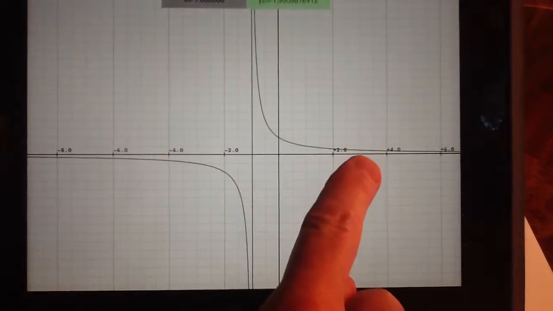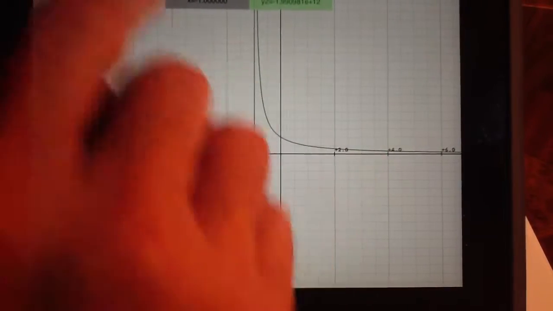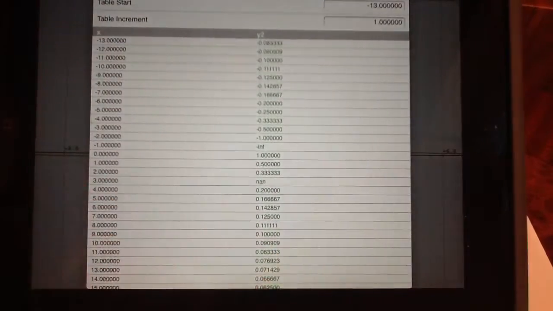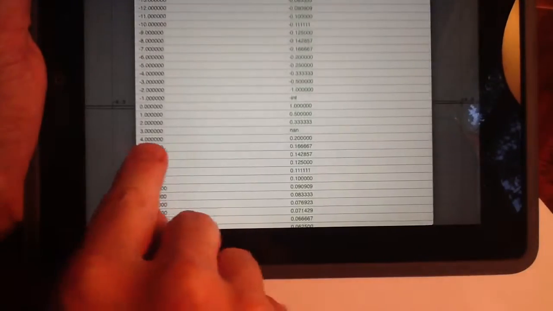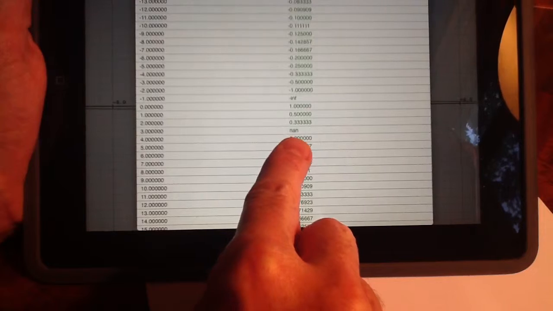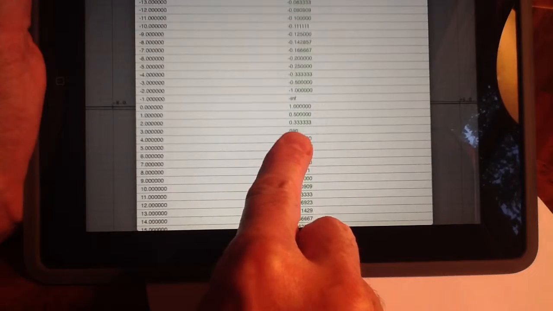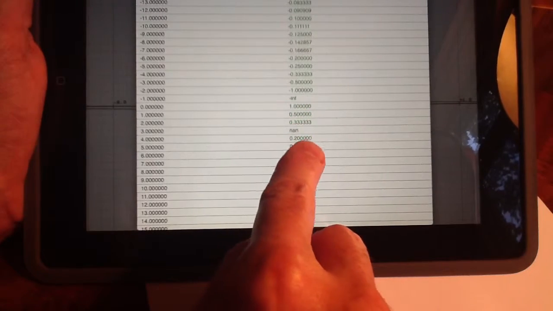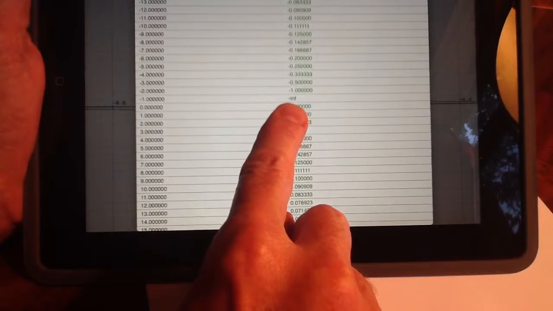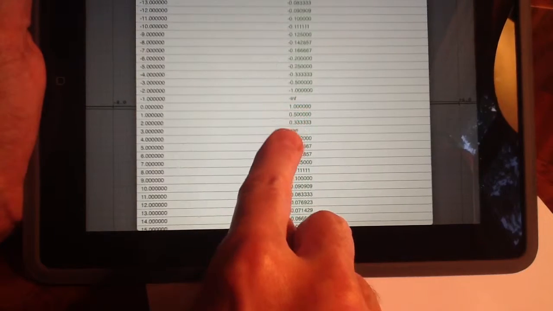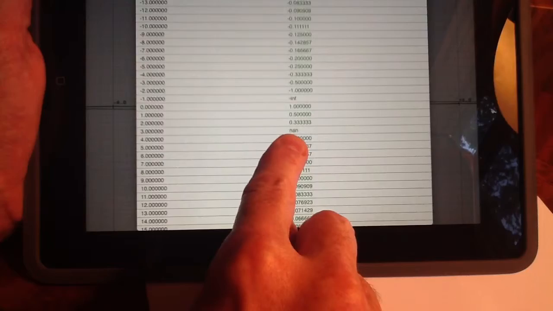So you can see that the graph doesn't show anything, but if I go to the table and I look at 3, you can see it does not exist. It doesn't exist at 3. There's just a hole. There's not an asymptote which shows infinity, but there's a hole which says it does not exist. So that's the definition of a hole.